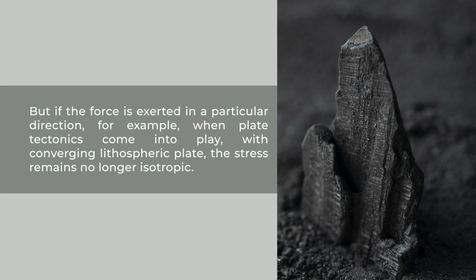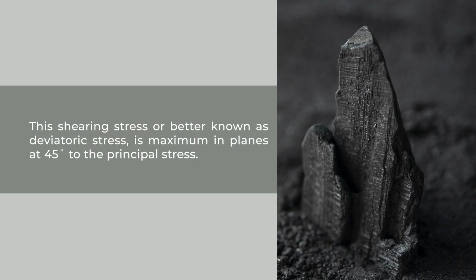But if this stress is in a particular direction, for example, when plate tectonics comes into play with converging lithospheric plates, when two plates collide with each other, the stress no longer remains isotropic. In one direction the stress increases, and that is called the shearing stress, better known as deviatoric stress, and it is maximum in planes at a 45-degree angle to the principal stress.